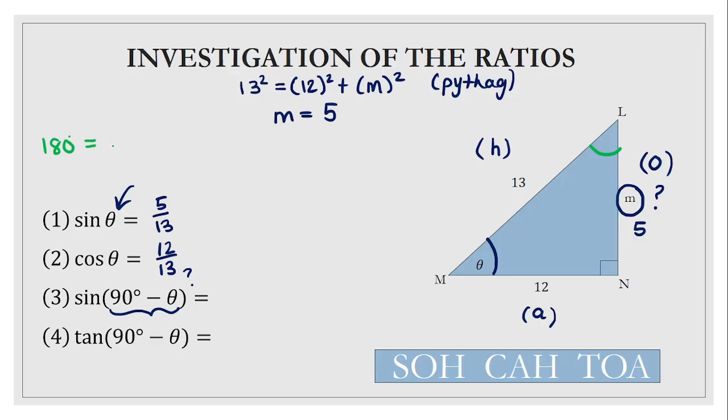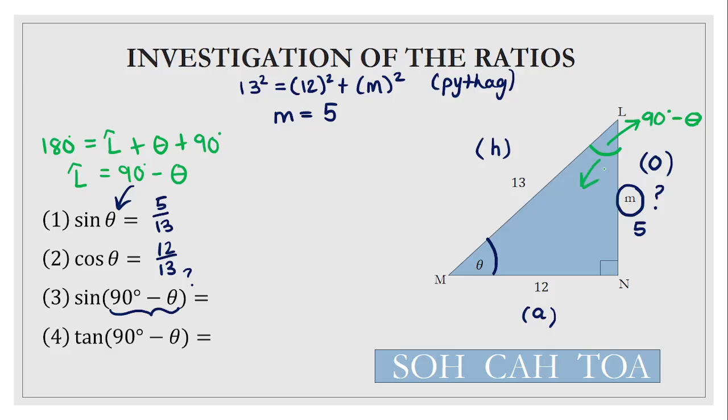So I've got angle L, I've got that theta that's there by angle M, and I've got 90. If I solve for angle L, I'm going to be left with 90 minus theta. So that is what angle L is. 90 minus theta.